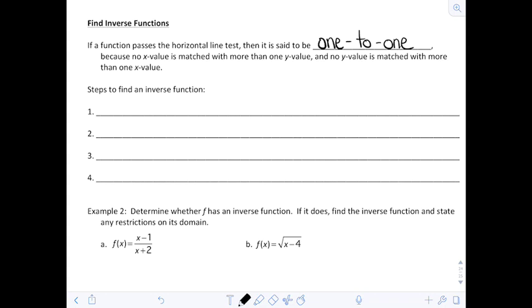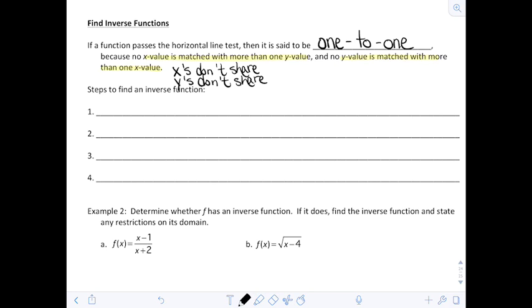And what this means is that no x value is matched with more than one y value, and no y value is matched with more than one x value. So essentially, the x's don't share and the y's don't share. Nothing will be repeated. Every x has one y, every y has one x.